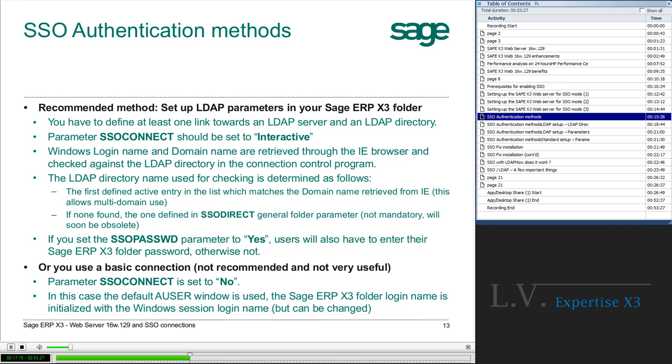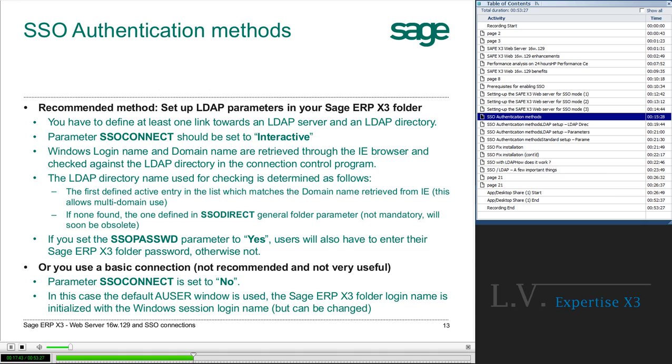The algorithm that is used is that depending on the domain in which you are logged in, we will retrieve from the list of active LDAP directories the first one that is matching your domain, and we will use it. And we will see some slides after, and Bertrand will make a short demo.